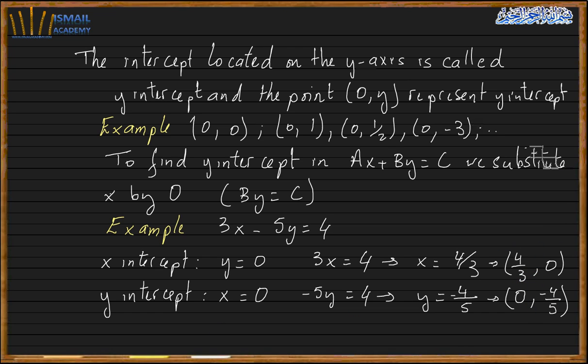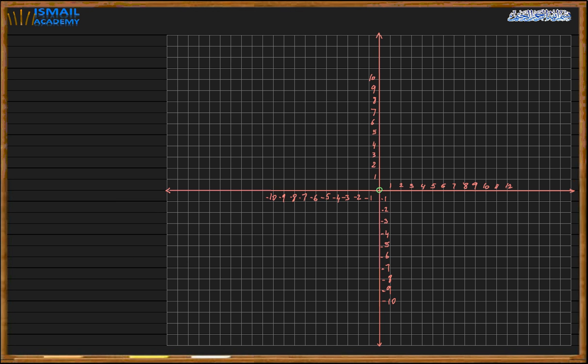Now let's give an example with a graph. Suppose I want to graph the same function we did previously, 3x plus 2y equals 18. I want to use the x-intercept and the y-intercept for that example.